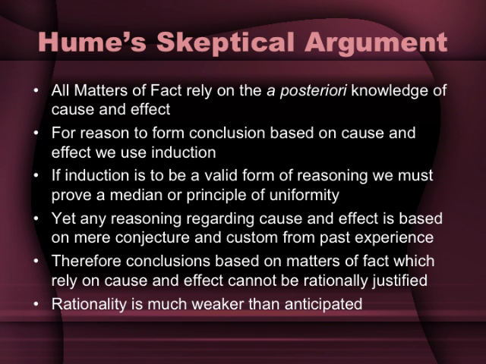But any argument that tries to prove the principle of uniformity becomes circular and illogical. And any reasoning regarding cause and effect is based on mere conjecture and custom from past experiences. Therefore, conclusions based on matters of fact, which rely on cause and effect, cannot be rationally justified. And that's Hume's conclusion, and that is the end for Hume.